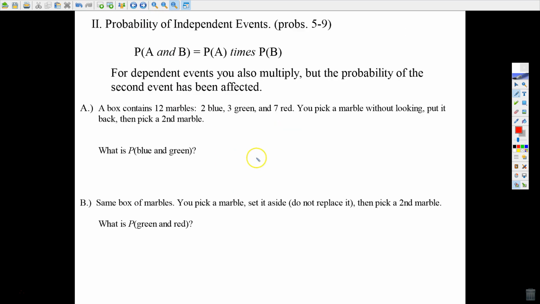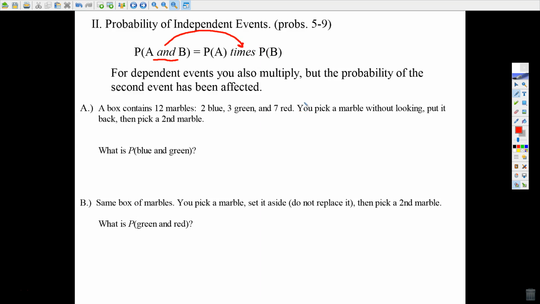Well, now that we understand the difference between dependent and independent, let's talk about how we calculate the probabilities. So I've given you a little formula here that says the probability of these two events, I'm calling the first event A and the second event B, and there's a key word here you should really focus on. Do you see that word and? And in these probability problems will always relate to multiplication.